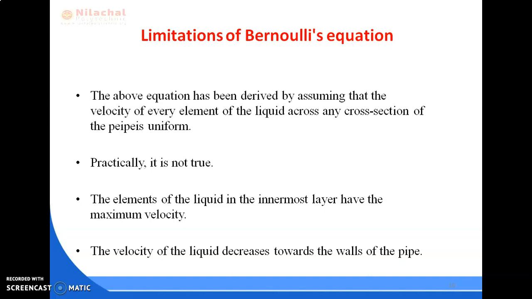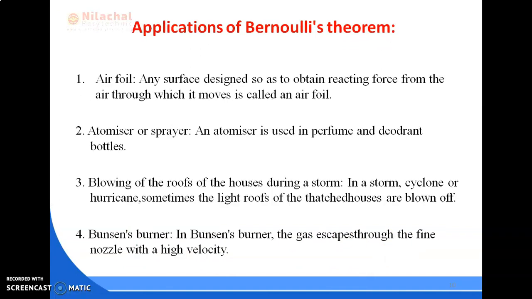The above equation has been derived by assuming that the velocity of every element of the liquid across any cross section of the pipeline is uniform, but practically this is not true. The elements of the liquid in the innermost layer have the maximum velocity, and the velocity of the liquid decreases towards the walls of the pipe. These are some limitations of Bernoulli's equation.